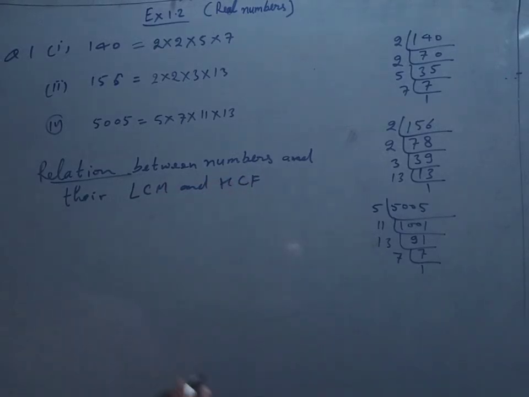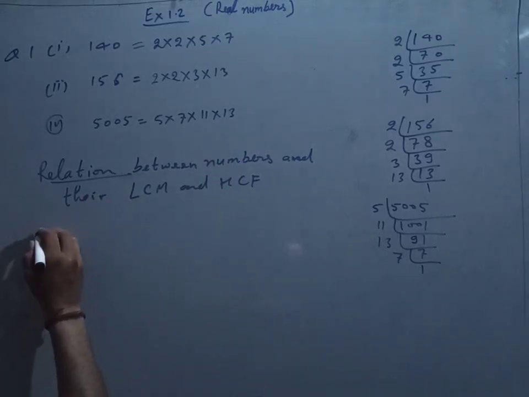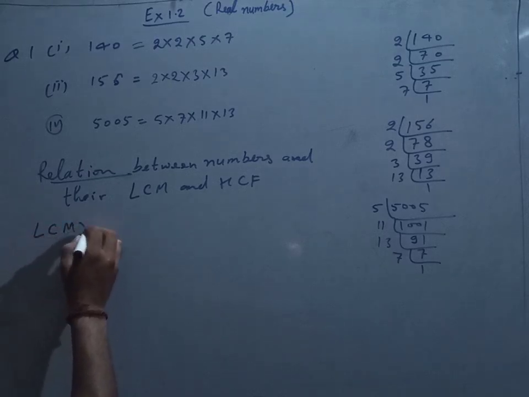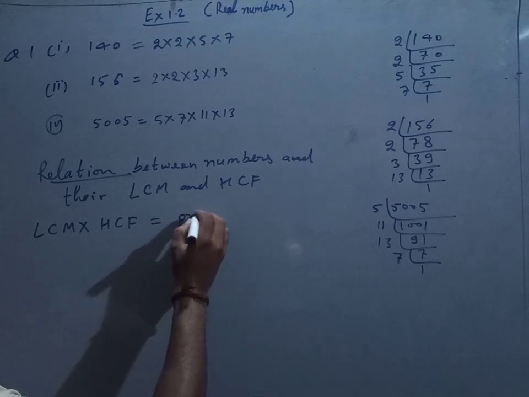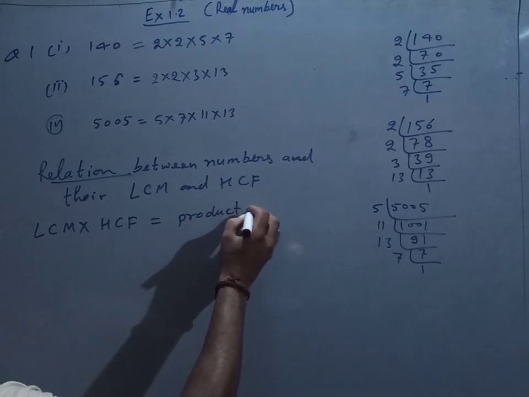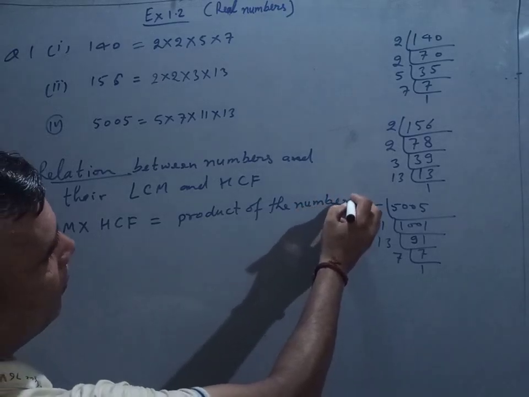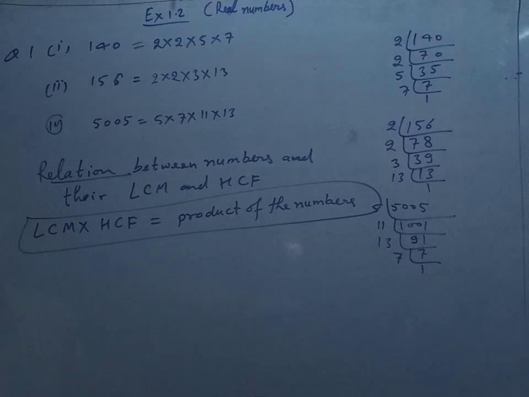You know about LCM and HCF from earlier classes. So students, we have the formula: LCM multiply HCF is equal to the product of the numbers. That is the important relation.